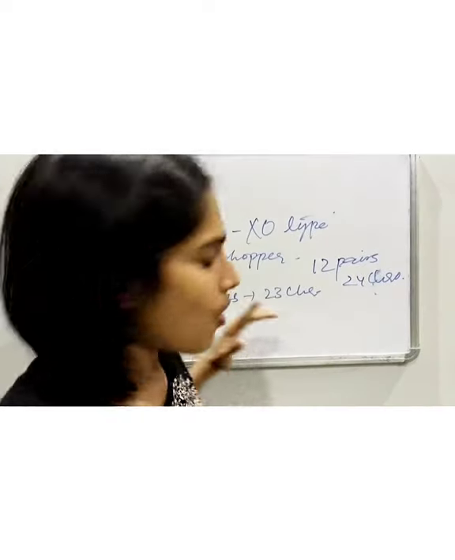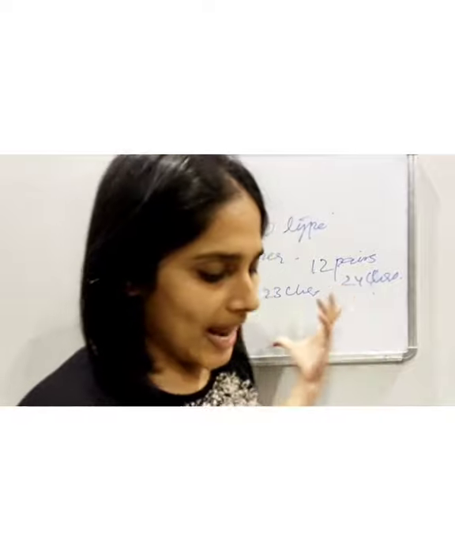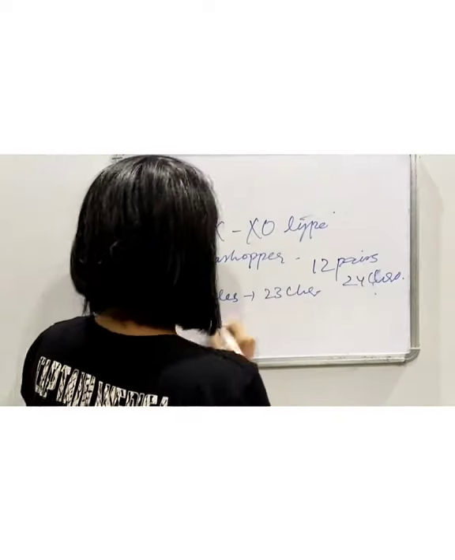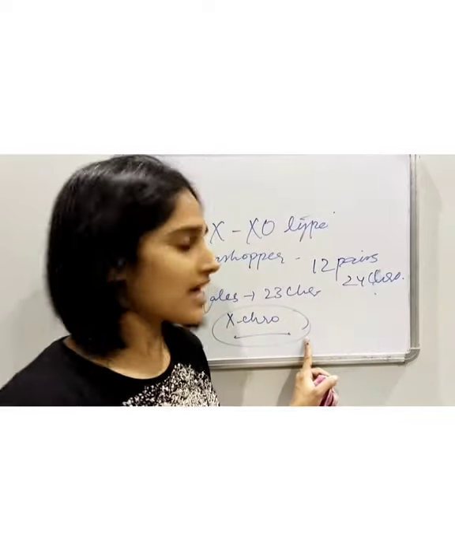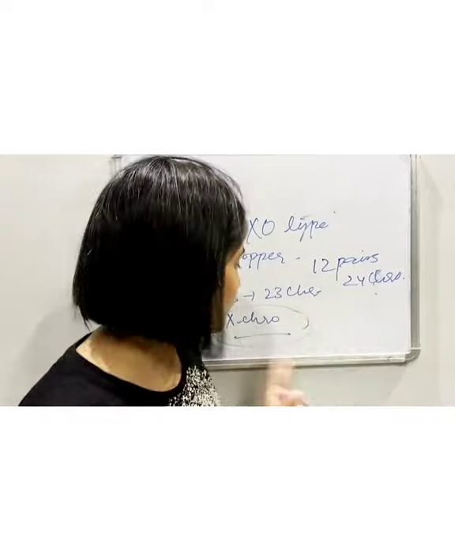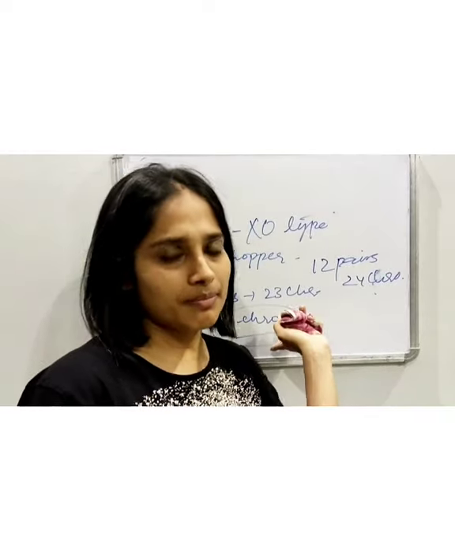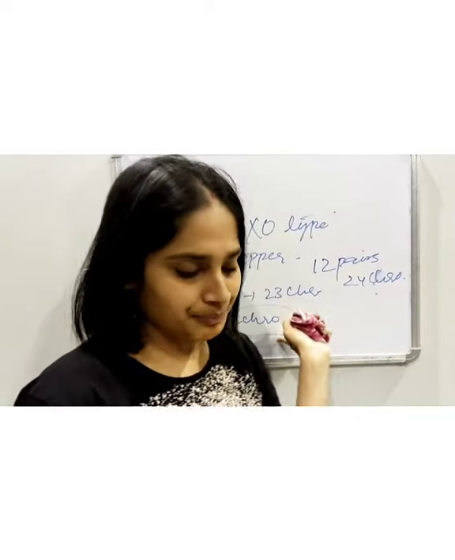All eggs produced by females have one X chromosome. Along with the autosomes, they have X chromosomes which are present in females.